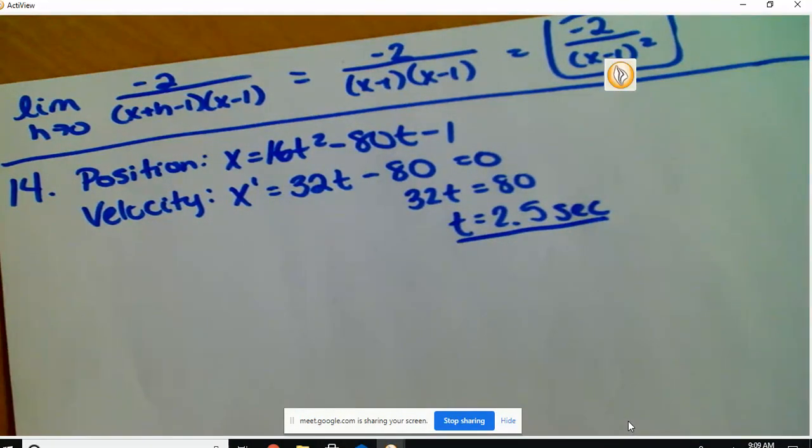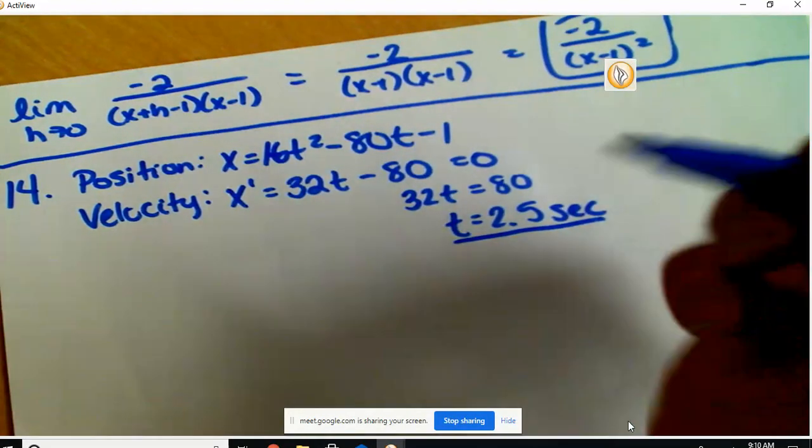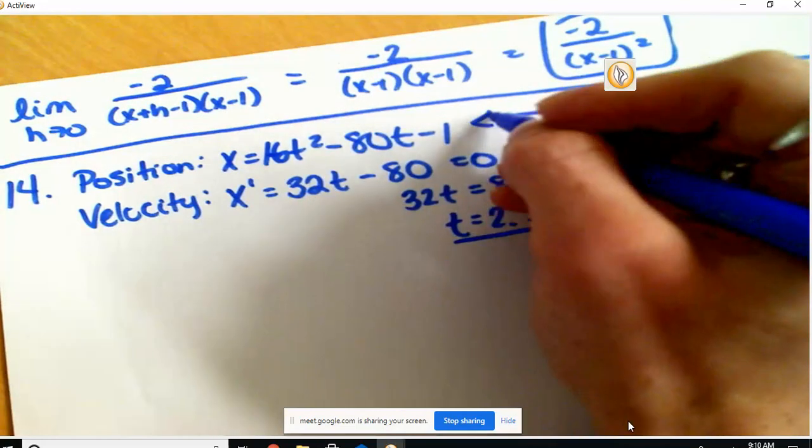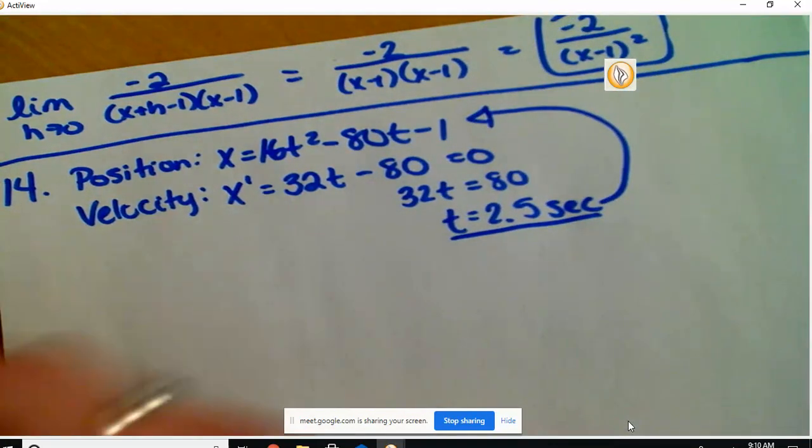But have I answered the question yet? No, I didn't ask when the velocity is 0. I said what's the position. So I have to take this and plug it into my position equation.